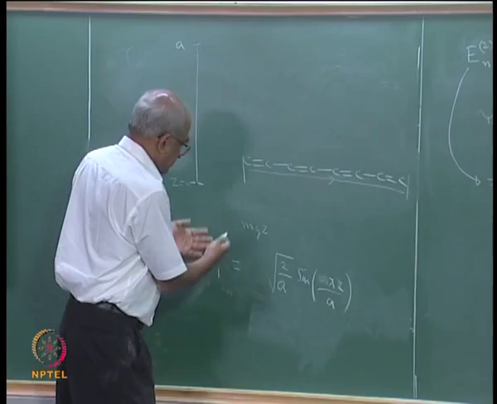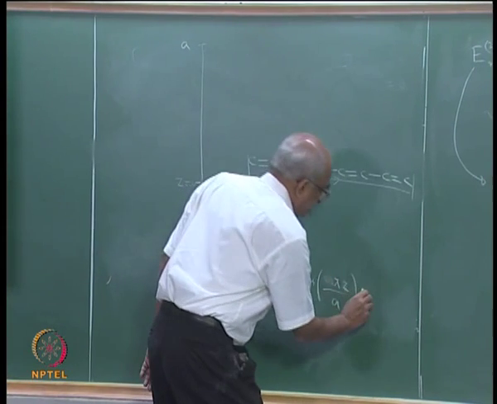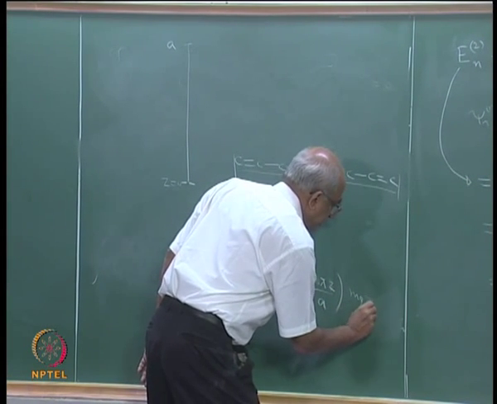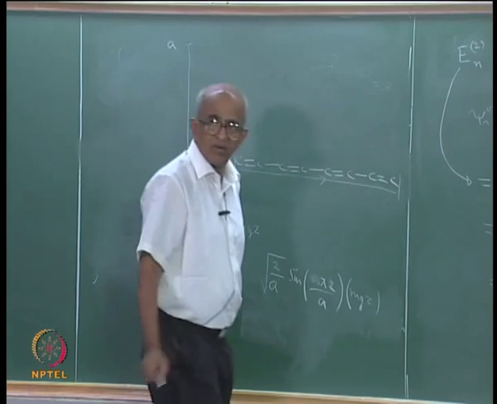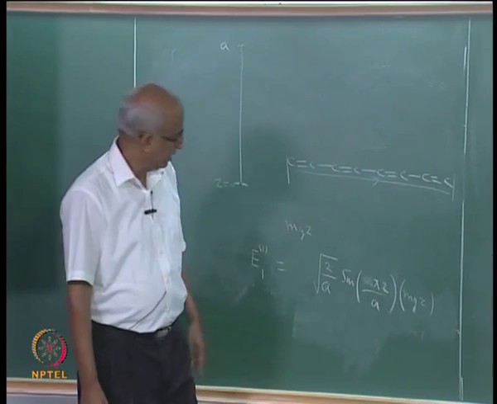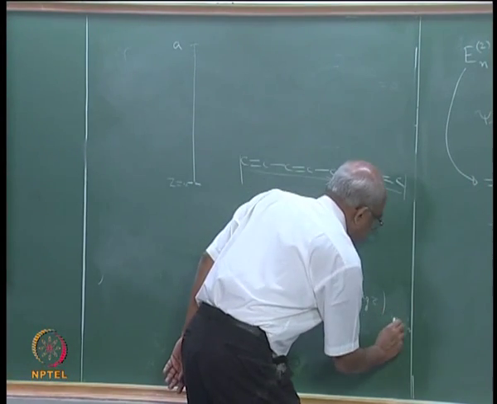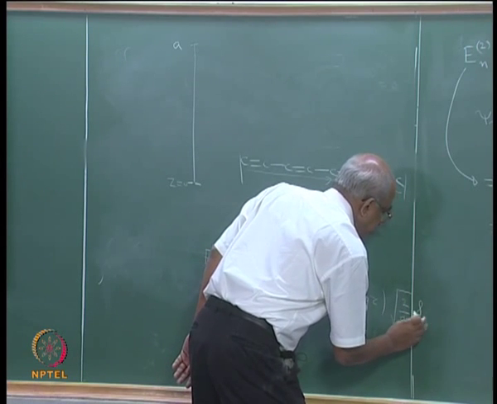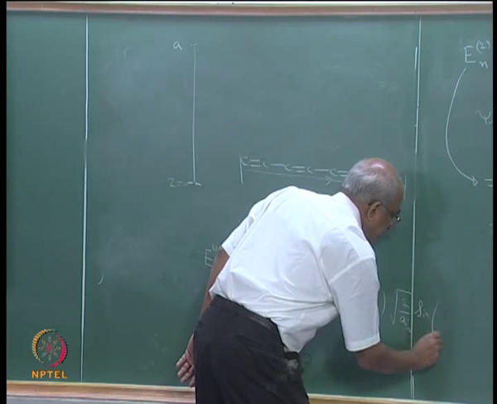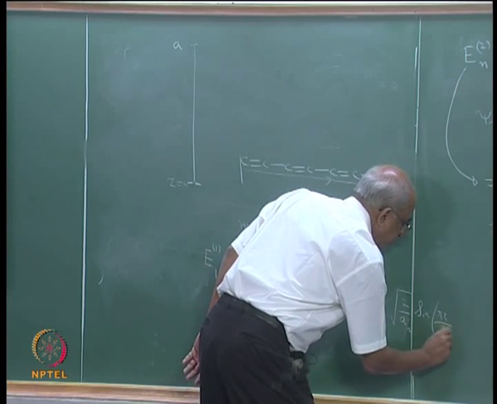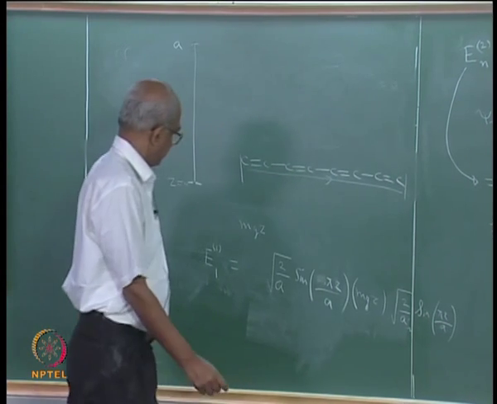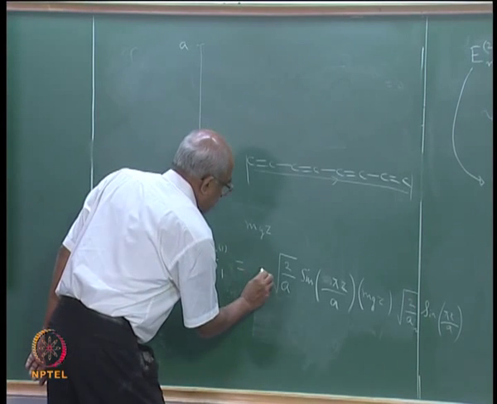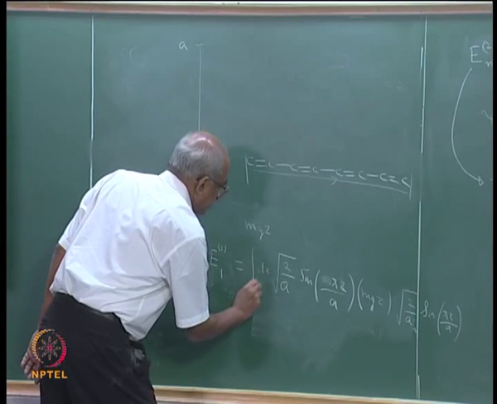To calculate the first order correction, what should I do? I will have to take the perturbation, which will be mgz, and then multiply that by square root of 2 by a sin pi z by a once more, and then multiply it by dz and integrate it from 0 to a.